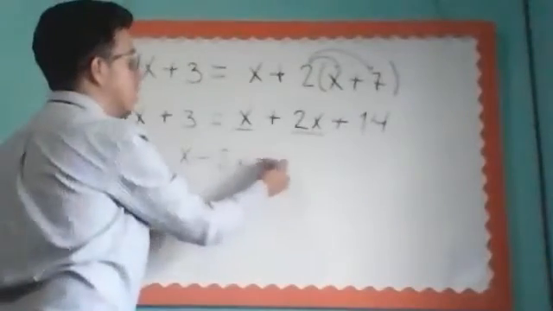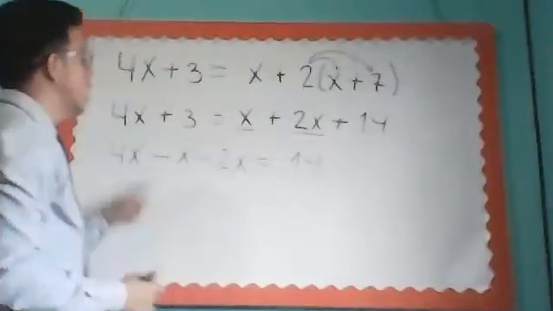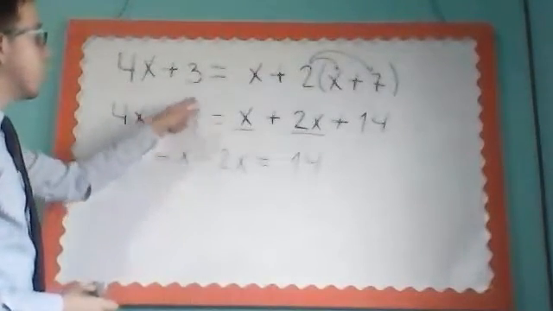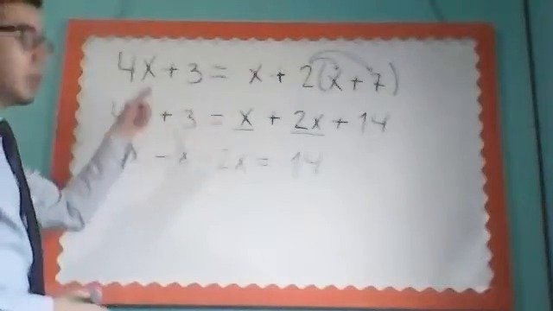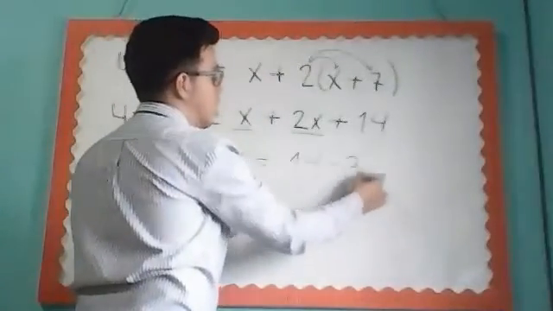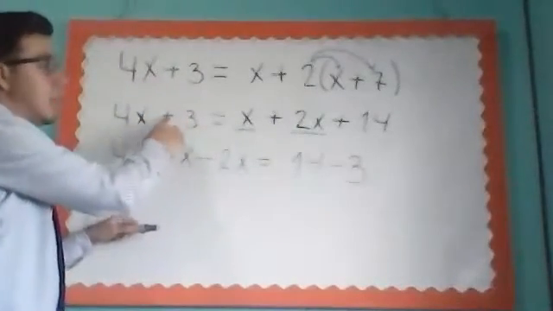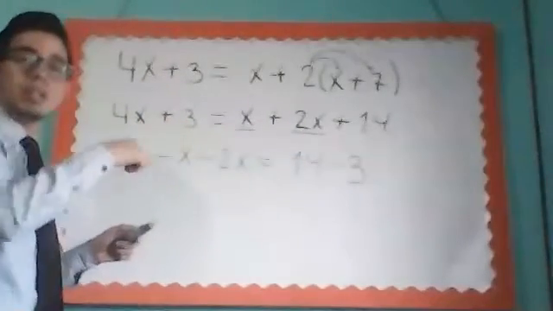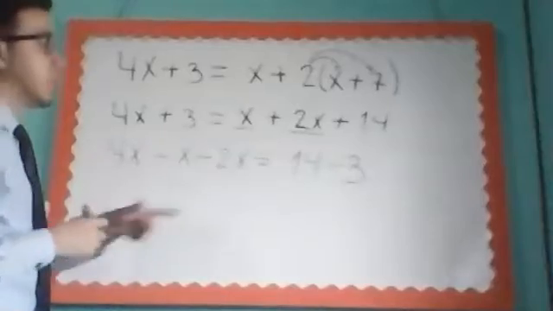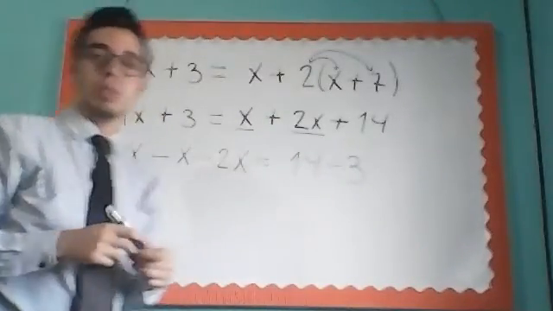This is equal to 14, and the 3 that is in addition, I'm going to pass to the other side to subtract. 14 minus 3. If the 3 is added here, I pass it to the other side as subtraction. So in this case, it's addition, I pass it to subtraction.